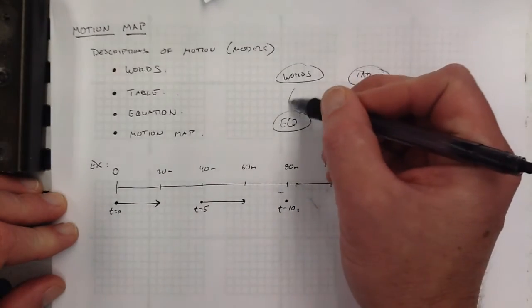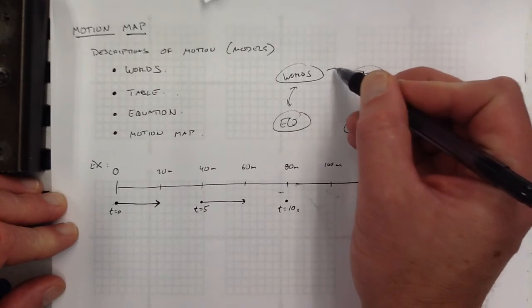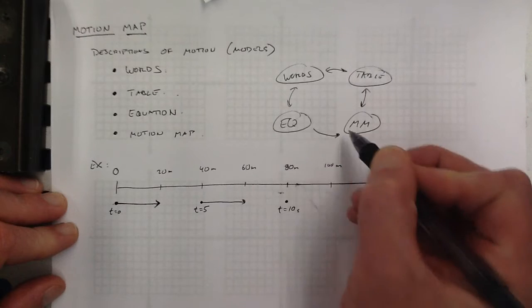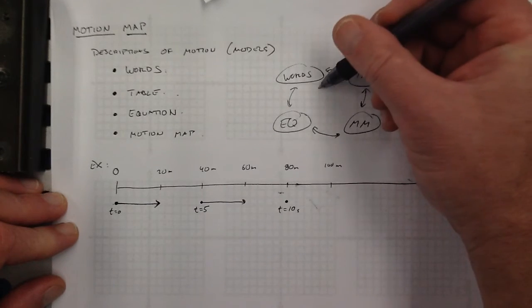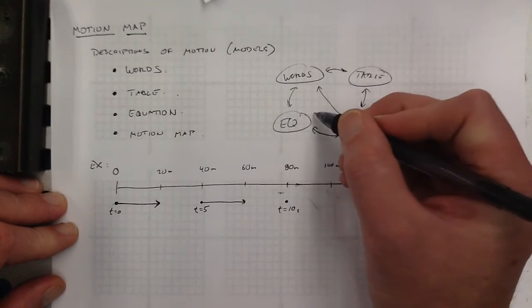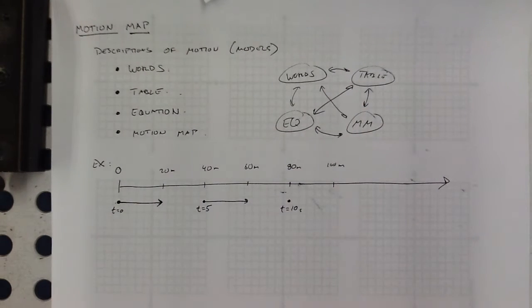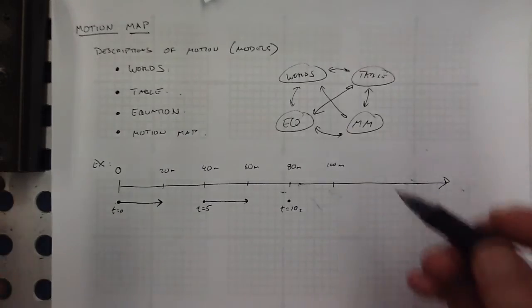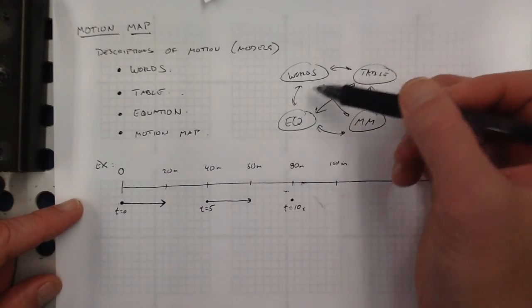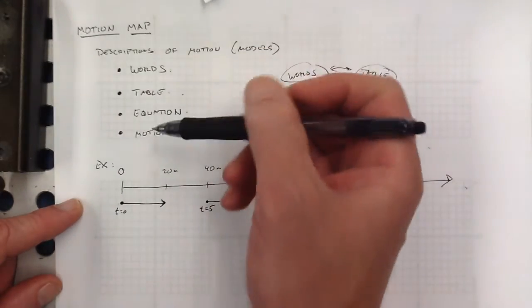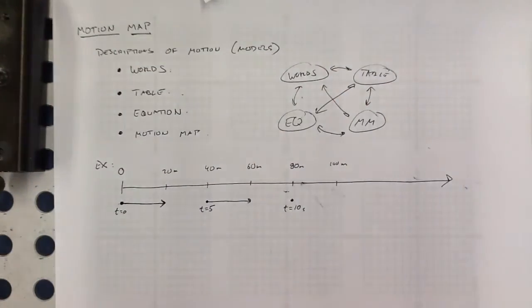Can you move back and forth in any direction between these modes? So there's actually a lot of different possible things that could happen, right? Each one of these is two things, so 1, 2, 3, 4, 5, 6. There's 12 different ways that I could give you one of these and ask you for another one.